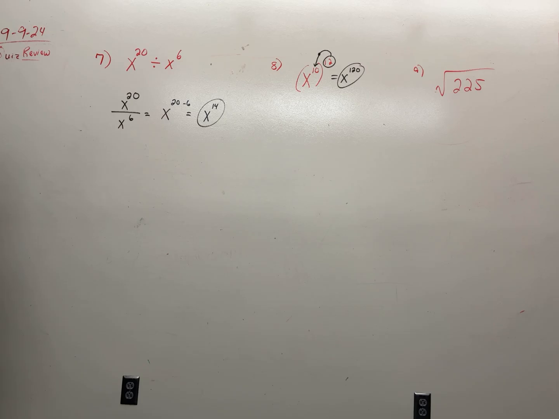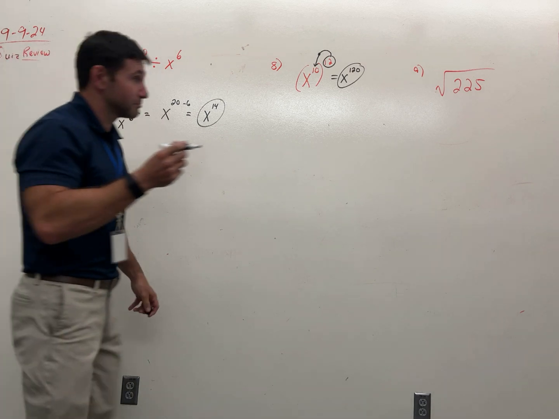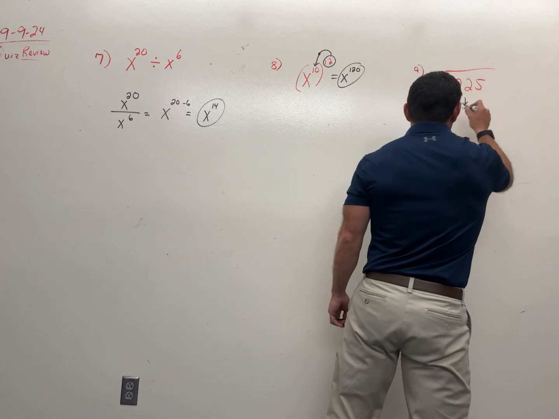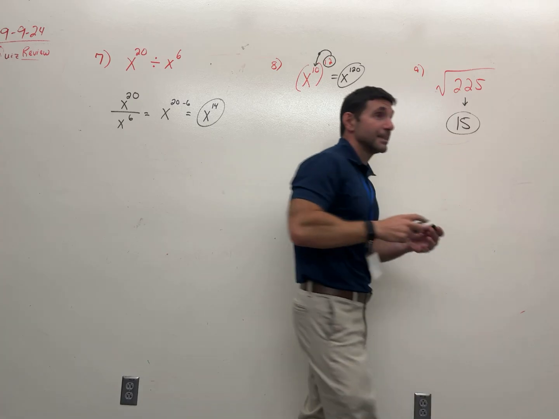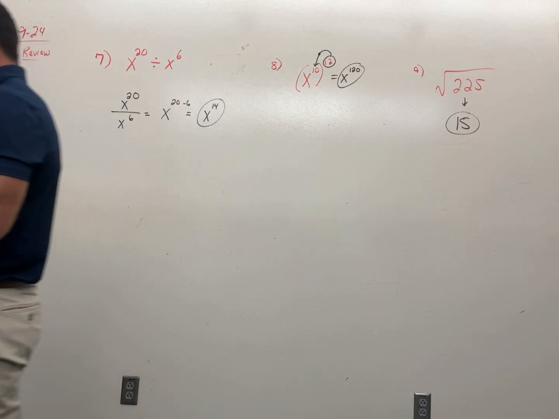And number 9, you have your chart. What is the square root of 225? So Maris, you have your chart. Look on your chart for me. Find 225. 15. That's it. 15 multiplied by 15 is 225.